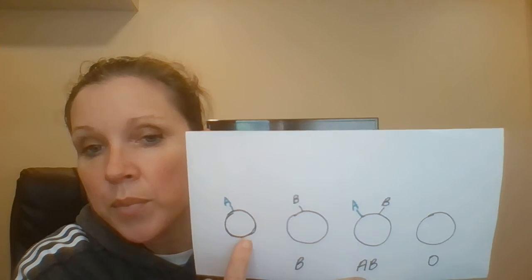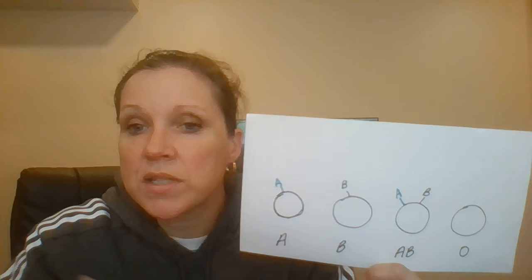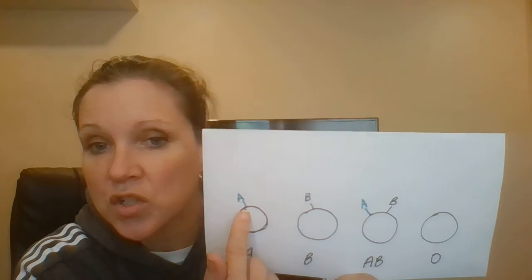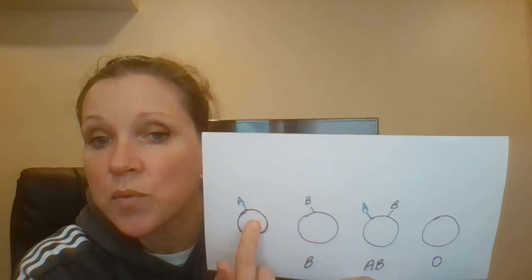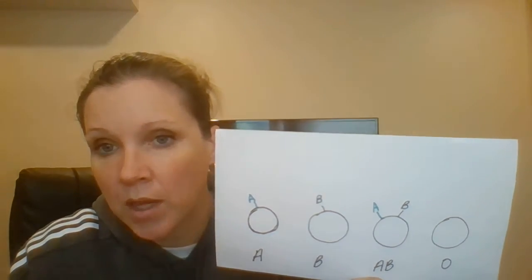So in blood transfusions, when you are taking blood from one person and giving it to another, you have to make sure that that antigen is going to be recognized by the person you are giving the blood to.